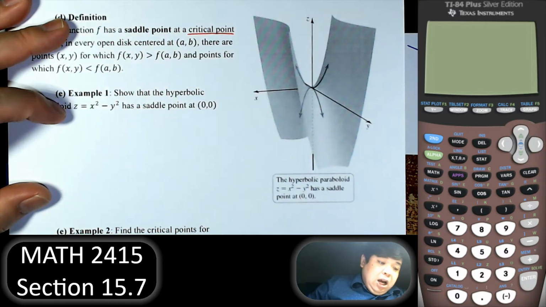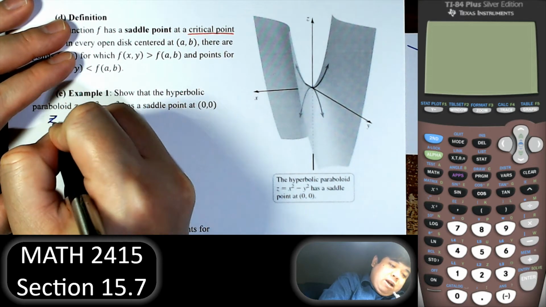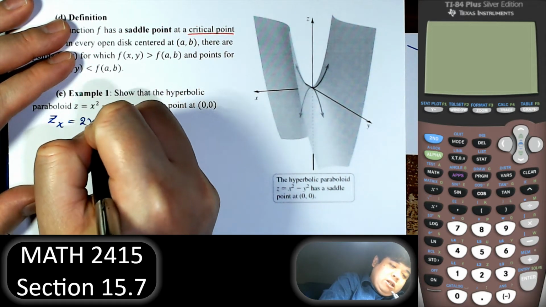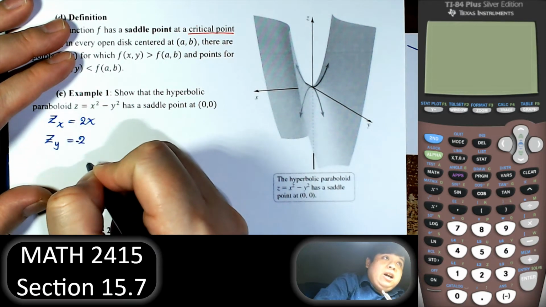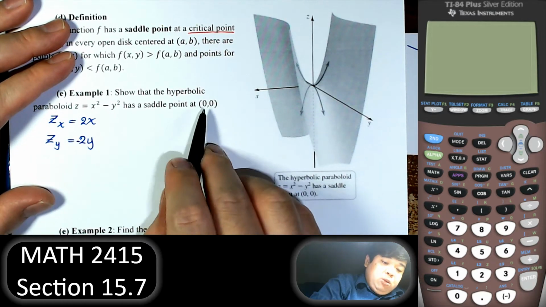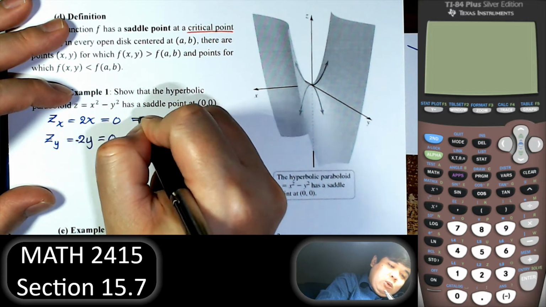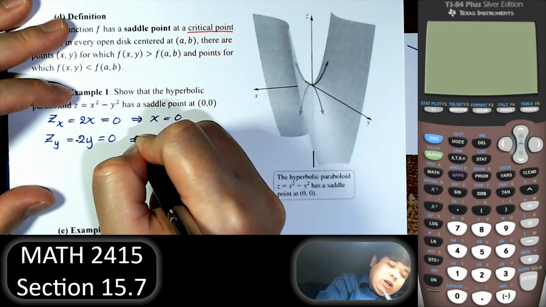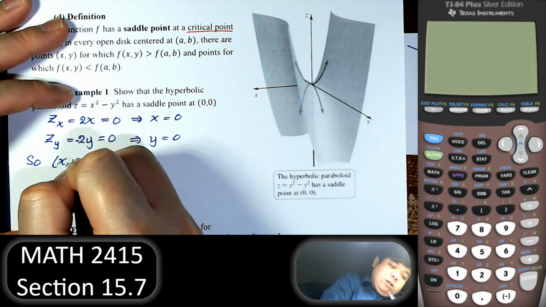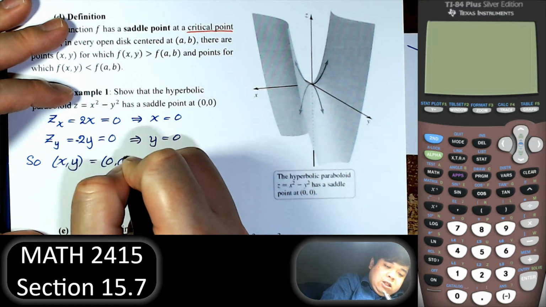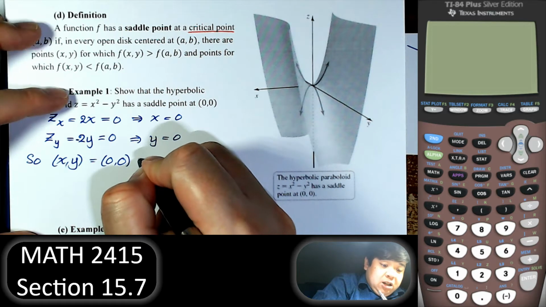So we take the derivative with respect to x, and the derivative with respect to y is negative 2y. If we make the partial derivatives equal to 0, we have x equal to 0 and y equal to 0. The point 0, 0 makes the partial derivatives equal to 0, therefore it is a critical point.